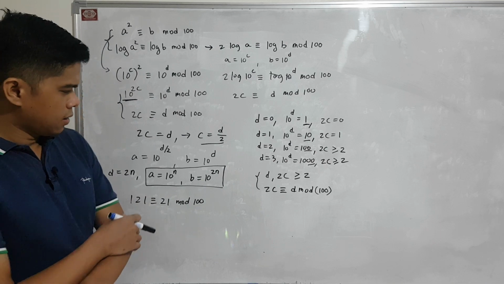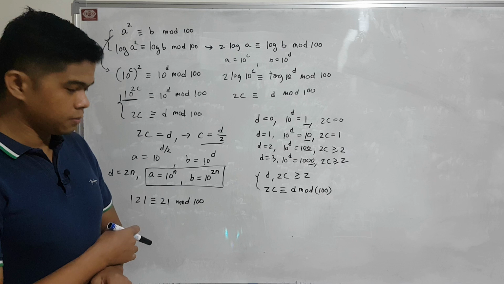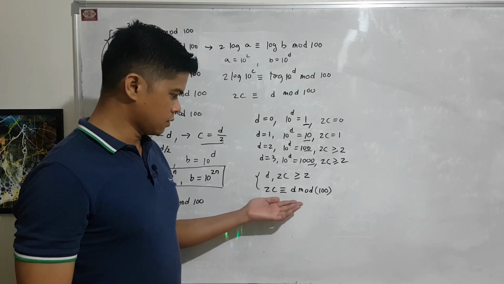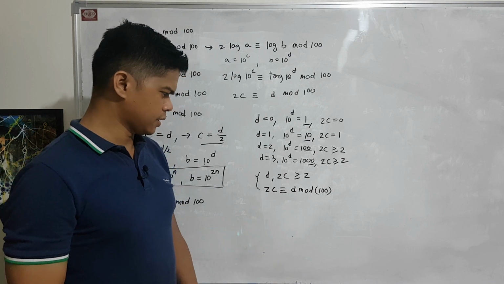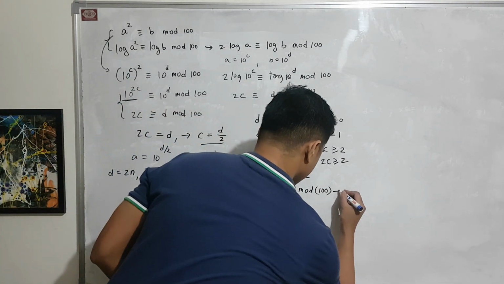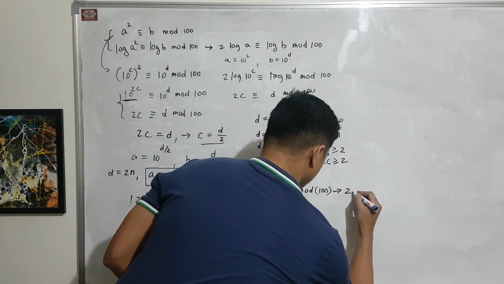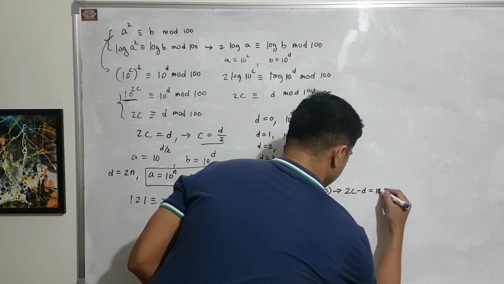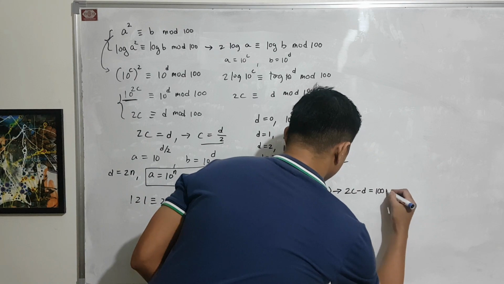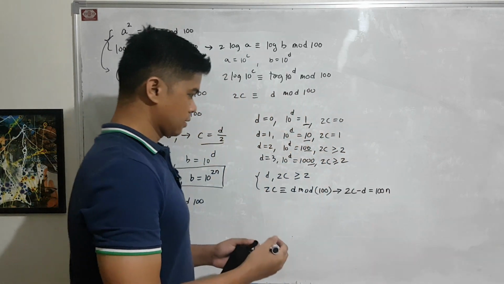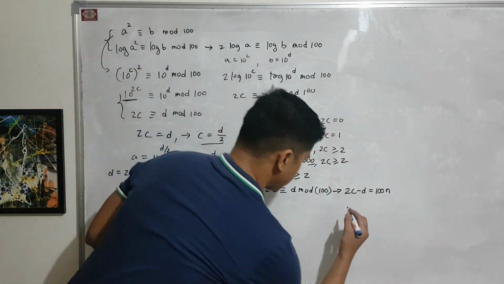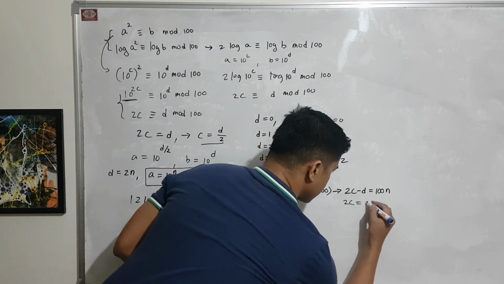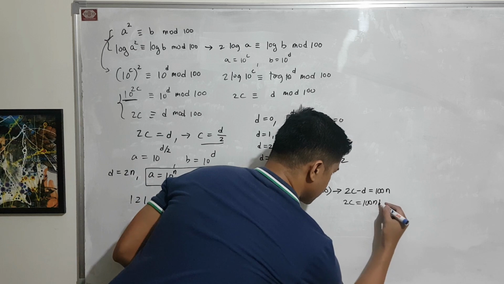Okay, so what do we do from here? You notice 2C is congruent to D mod 100. So that means we can deduce that 2C minus D must be equal to 100 times N, right? So you can write this as 2C equals 100N plus D.